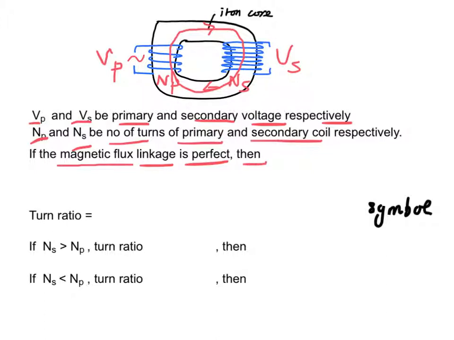In this case, we have Vp over Vs equal to Np over Ns. That means the voltage across the coil is proportional to the number of turns of the coil.